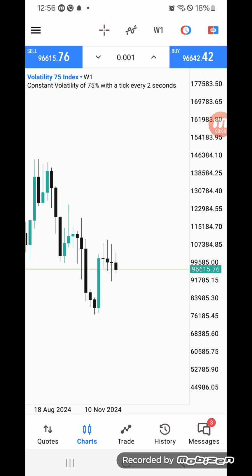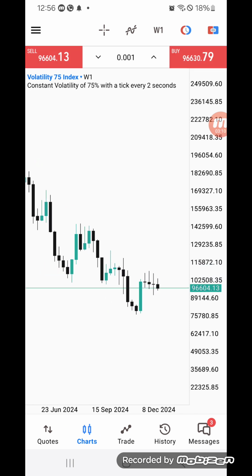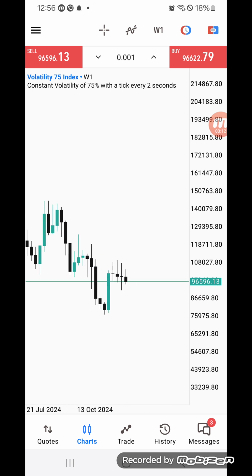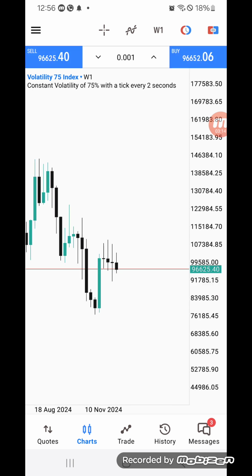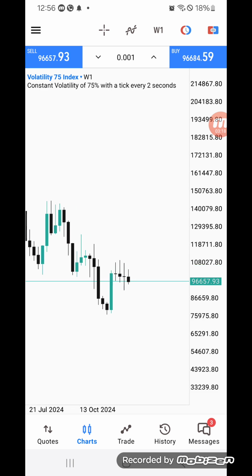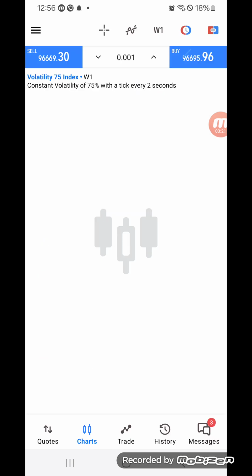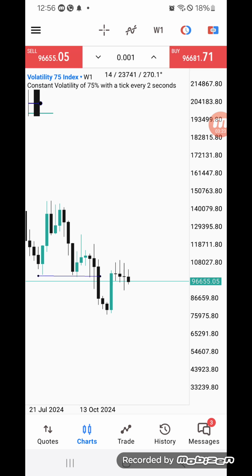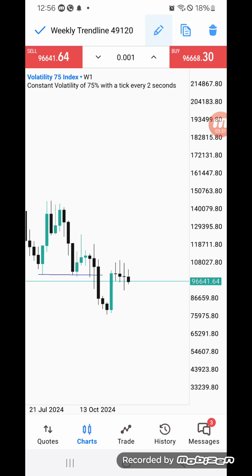So on the weekly time frame, you can see how the market is behaving, and the first thing I'm able to spot here is there is a break of structure, and I'm going to insert that break of structure, as you can see. Sorry guys, I'm going to use my phone to do my analysis.